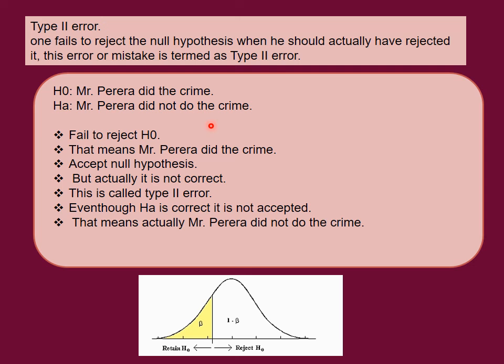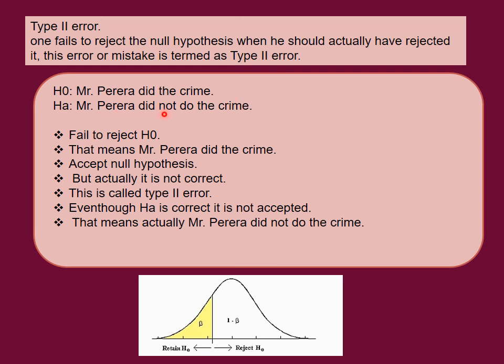Actually we get the result, fail to reject the null hypothesis. We accept that Mr. Pereira did the crime, but actually Mr. Pereira didn't do the crime. Then he may go to jail because of this false result.